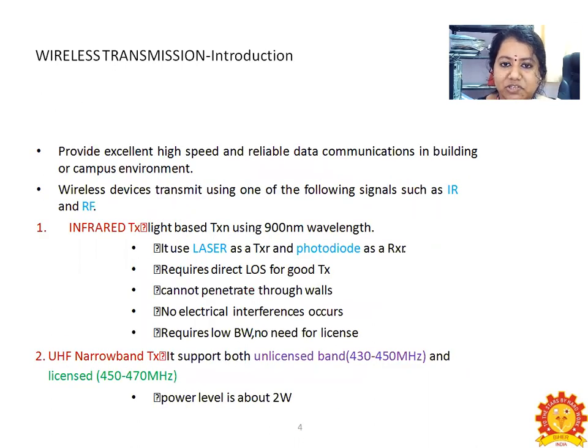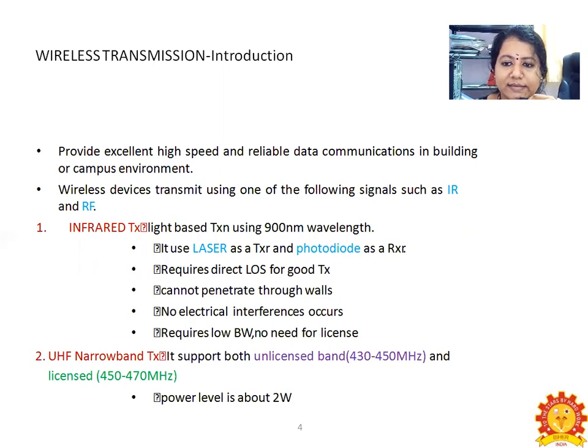Wireless transmission provides excellent high-speed and reliable data communications in buildings or campus environments. The wireless devices transmit using one of two signals, IR and RF, that is infrared and radio frequency. Infrared transmission is light-based, using a 900 nanometer wavelength.